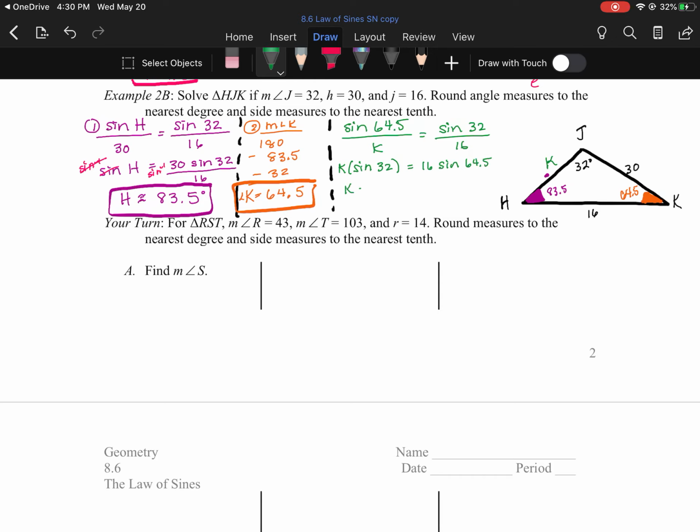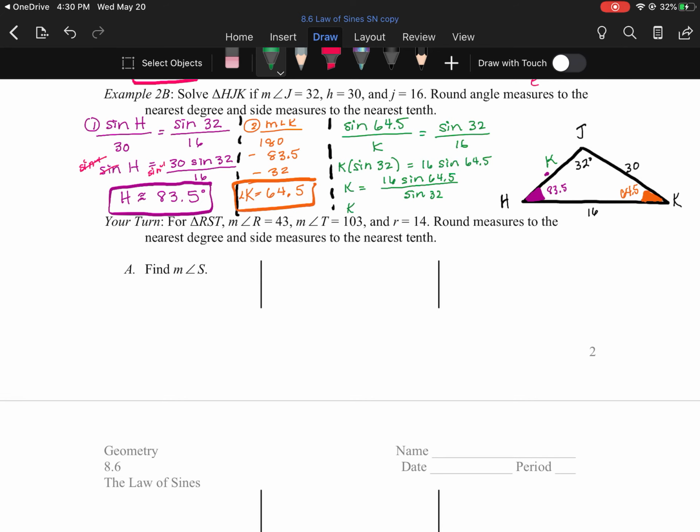Divide both sides by that. All right, so once you go through, you end up solving all of that. You get that K is approximately 27.25. Yay, we fit it all in.